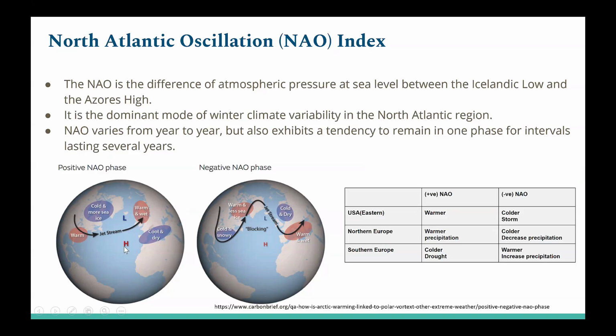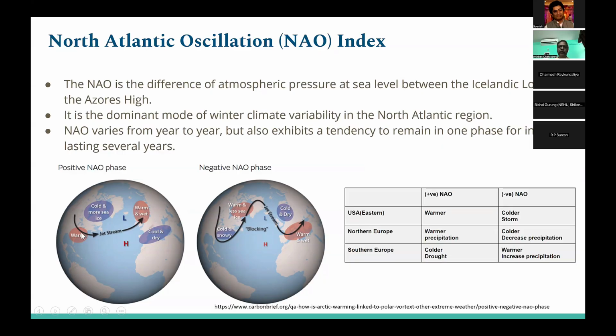You typically have two phases: one is called the positive NAO phase, and the other the negative NAO phase. When there is a positive NAO phase, you typically see warmer weather in the northeastern part of the USA, warmer and wetter weather in northern Europe, and a colder, drought-prone region in southern Europe.